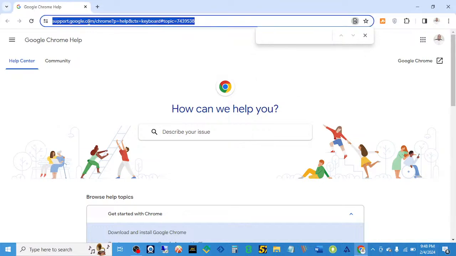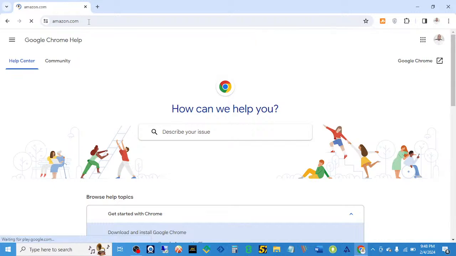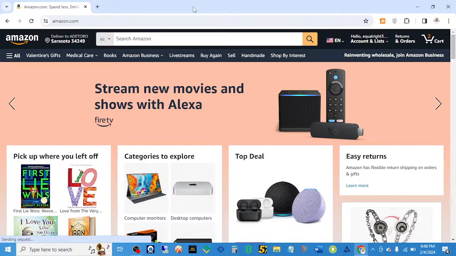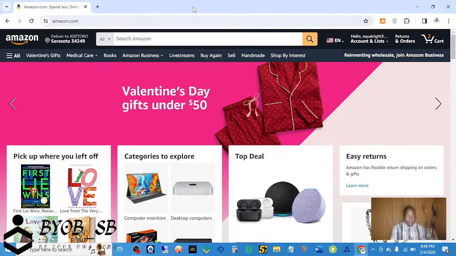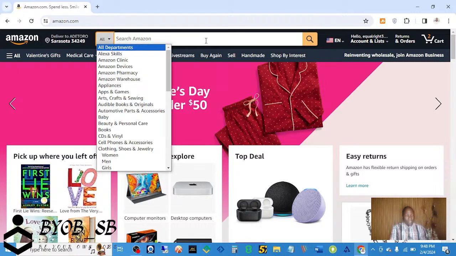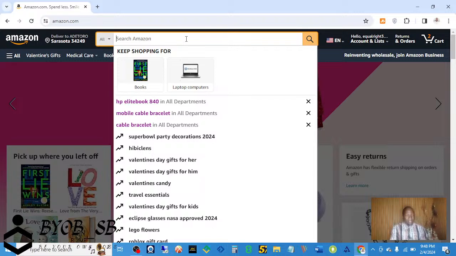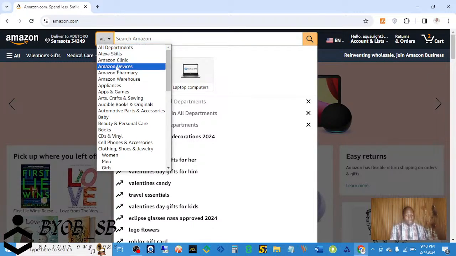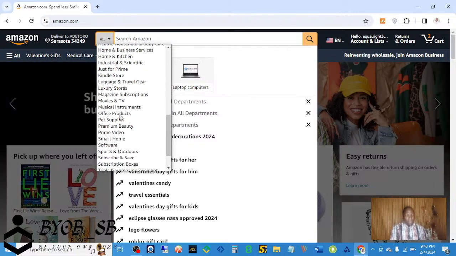Let's go to Amazon.com. We will be publishing the book on Amazon as well. On getting to Amazon, don't type anything here, because there are many categories on Amazon.